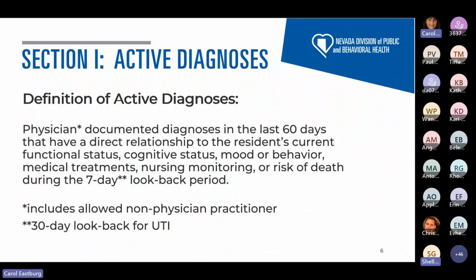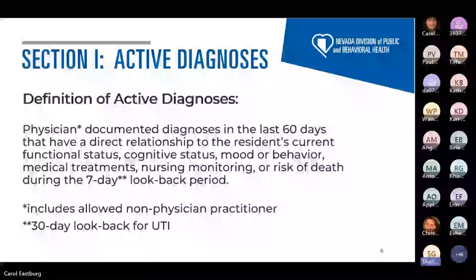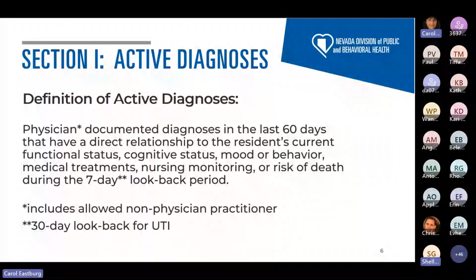So the nurse assessment coordinator needs to review the record for the time frame of each diagnosis to determine if the following criteria are met. A, was the diagnosis documented by a physician or allowed NPP in the last 60 days?